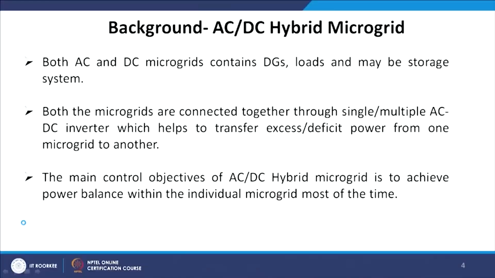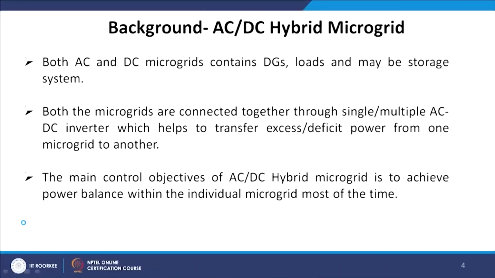Both the microgrids are connected together through a single AC-DC inverter, which helps to transfer excess or deficit power from one microgrid to the other. Now, please try to understand. Let us say my AC microgrid may have excess power that needs to be transferred to my DC, and vice versa.